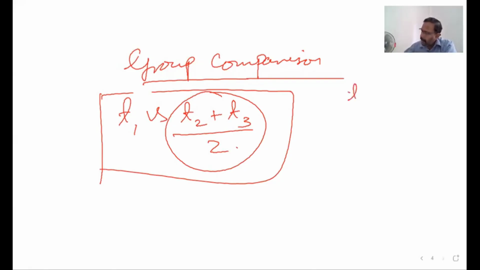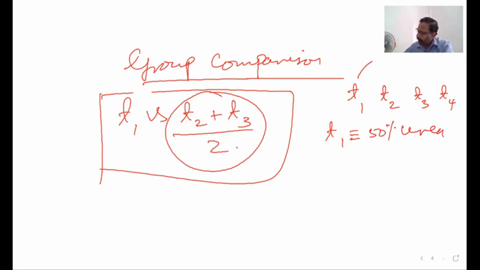Let's say we have T1, T2, T3, T4. T1 is 50% urea. T2 is 75% urea.